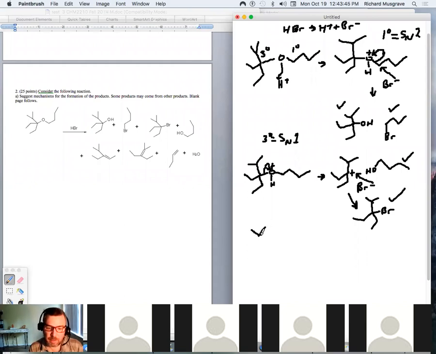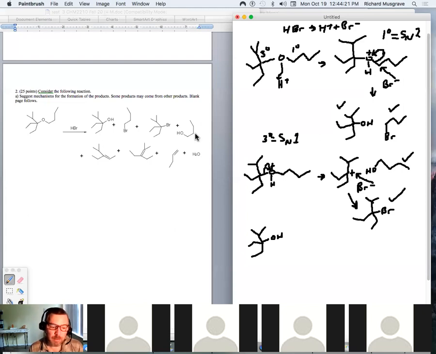What I had said the other day is that there are two mechanisms we can employ when dealing with the elimination of a tertiary alcohol. And this indeed is a tertiary alcohol, this first one that I'm drawing over here. We can do E1 or E2, but the primary alcohol, the one at the end on the right side, can only react via E2, and that's it.